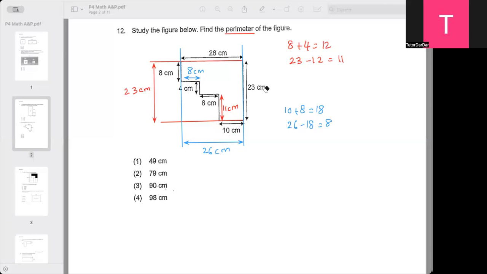Let me erase all these ticks. Now let's start. Perimeter is equal to, we will start from somewhere. Let's say we start from this 26.